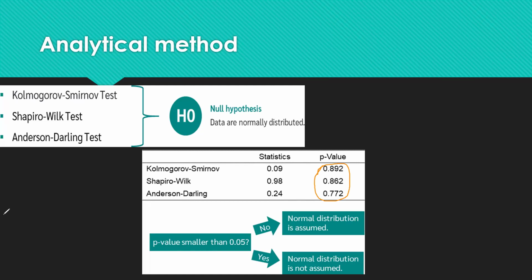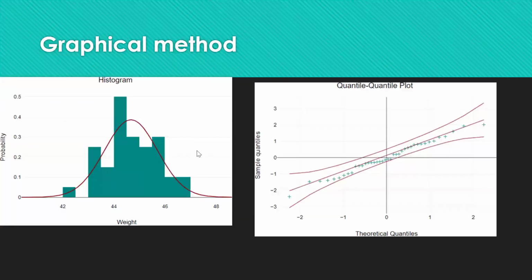And then apart from this, we also have graphical methods. The graphical methods comprise the histogram and the quantile plot. When you plot your data and you obtain your histogram, you have to make sure that it is normally distributed. You determine the normal distribution of data when you have a bell-shaped histogram.